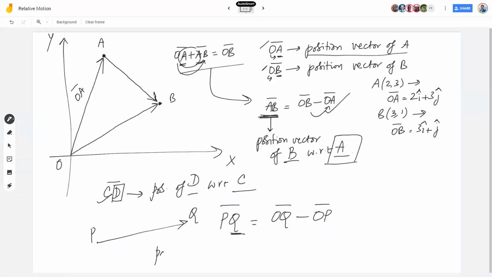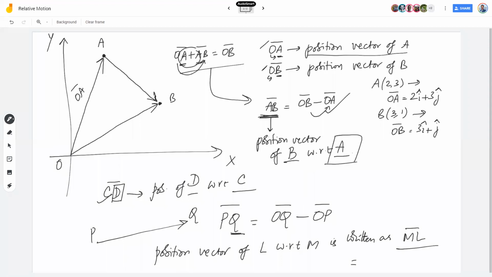For example, the position vector of L with respect to M is written as what? The position vector of L with respect to M should be written as ML bar.